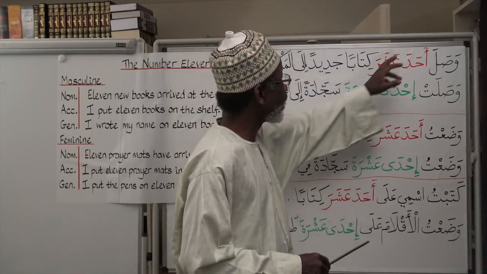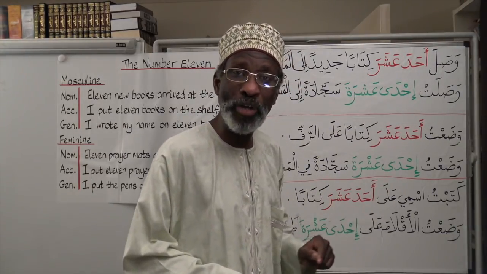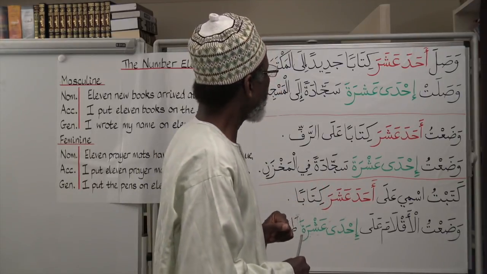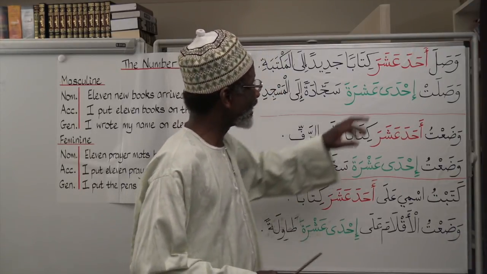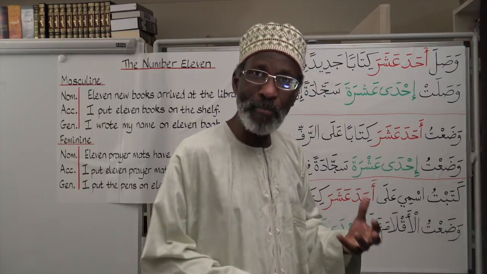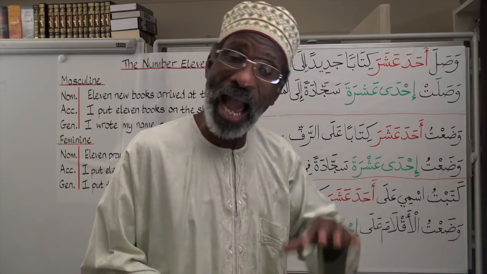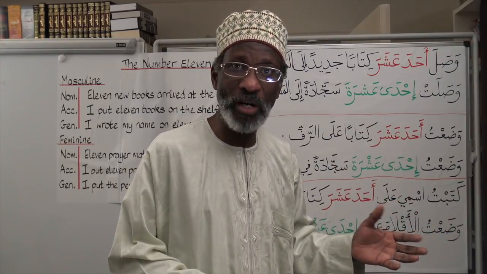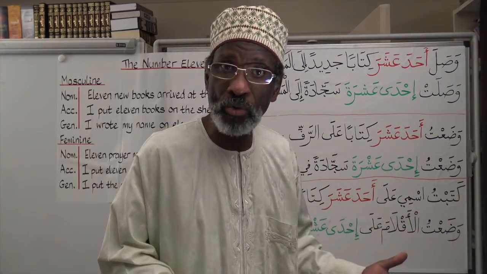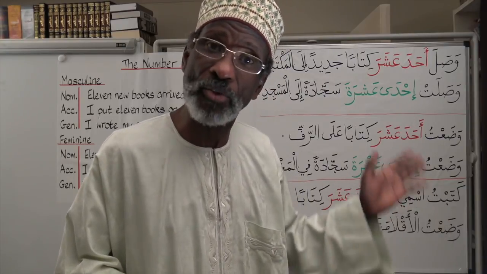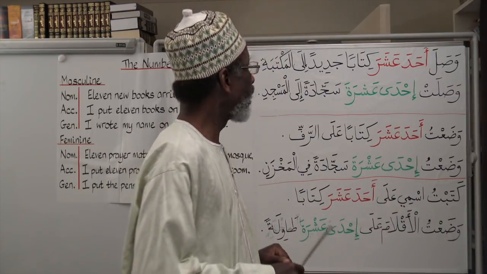The second is nothing should separate between the two nouns at all. Now, the third is ahada, because number one is always of the same gender as the item being counted, whether number one stands alone or is part of another number, such as this compound number.